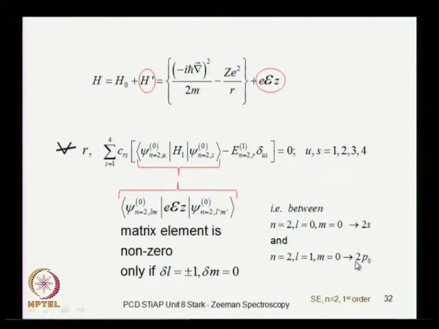So, 2s and 2p0 are the only 2 states, the 2p1 and the 2p minus 1 will not enter our discussion. So, out of the 4 states only 2 really need to be considered, and then of course you will have dipole transitions corresponding to delta L equal to plus or minus 1 and delta m equal to 0.